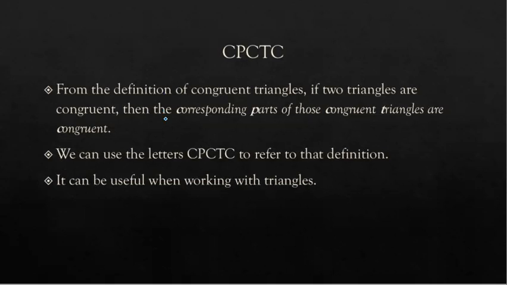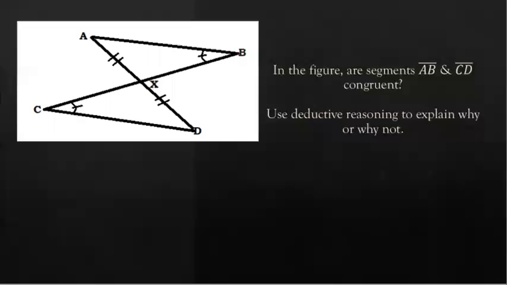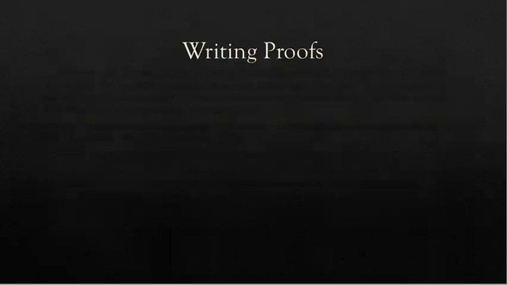If we take the first letters of that, the corresponding parts of those congruent triangles will be congruent, then we use the letters CPCTC to refer to that definition. It's useful when we're working with triangles. Let's look at how that can be useful.